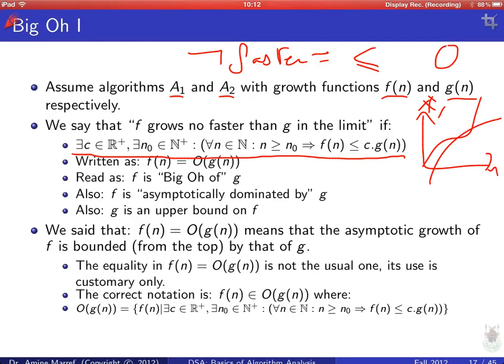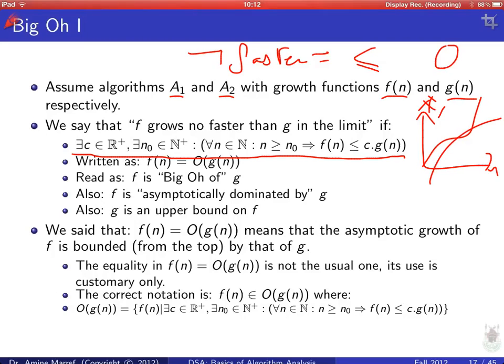So, in this setup here, when we say f grows no faster than g, that means that f is growing less than or equal, and hence algorithm A1 is better or more efficient than algorithm A2. So, let's go back to the mathematical equation. Are you familiar with these symbols? Yes.